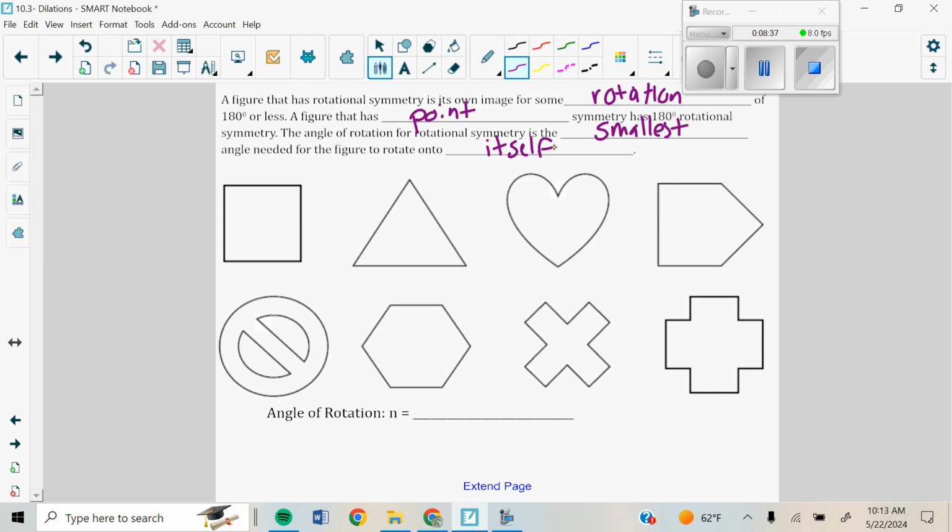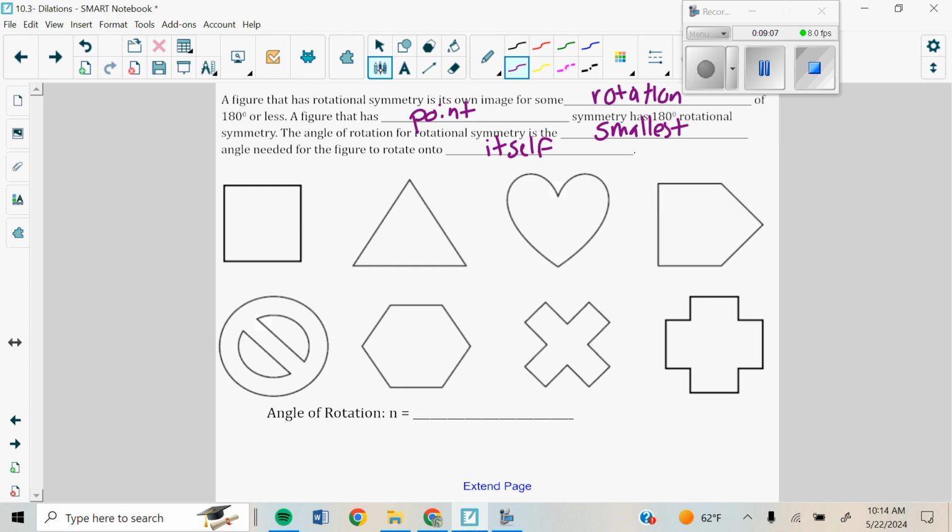So what that's saying is if we look at this square here, we can divide this into a chunk that rotates, either clockwise or counterclockwise, and repeats onto itself. So if it has line symmetry, there is a good chance that it is going to have rotational symmetry, but that does not always happen.